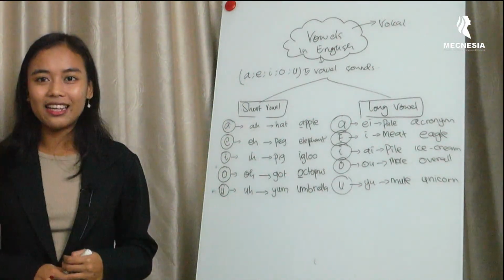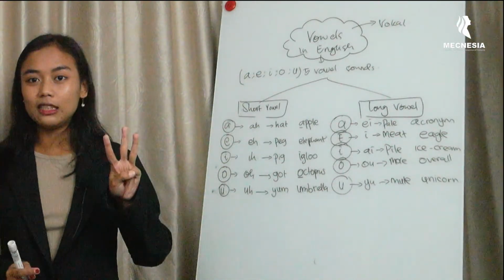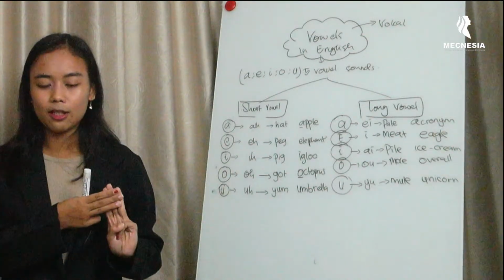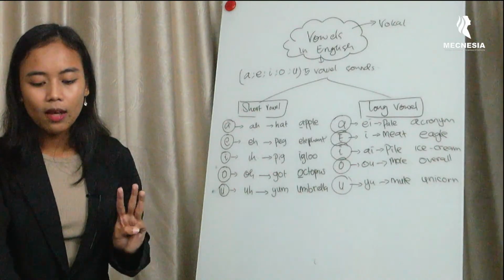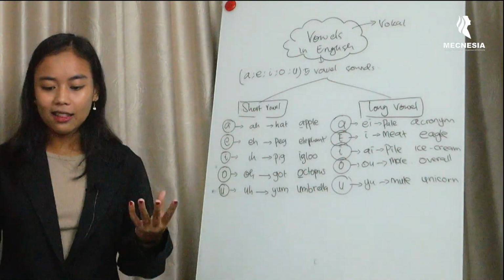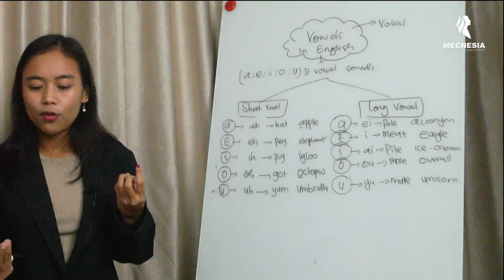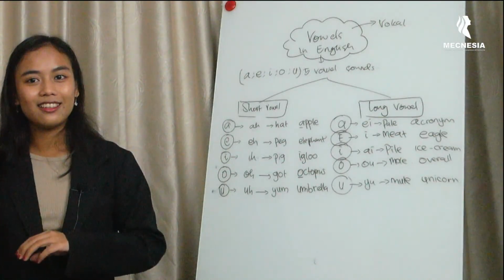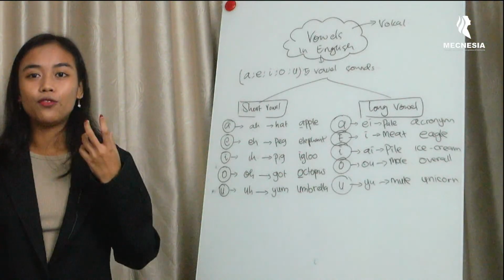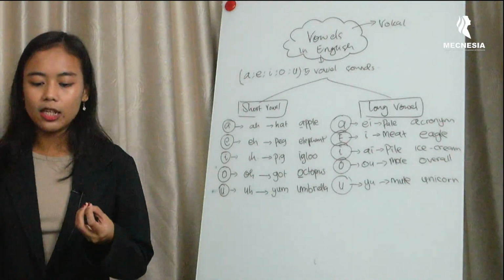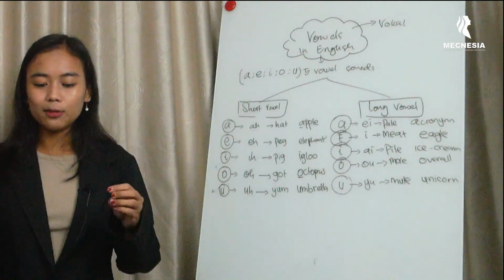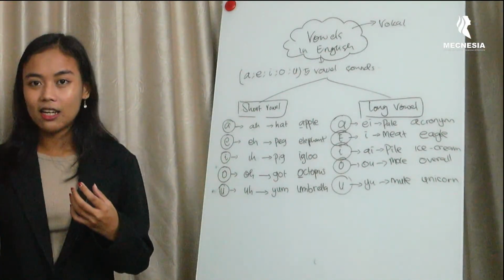Kapan kita pakai? Okay, so here there are three times we will use it. Ada 3 kali kita bakal pakai. The first, apabila huruf A di akhir kata followed by a consonant and then E. Kalau di akhir kata ada huruf A, kemudian diikuti huruf konsonan dan juga huruf E. As in, seperti di kata fate.